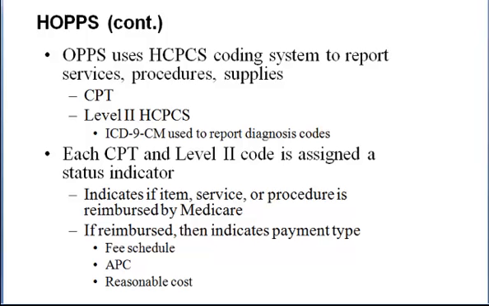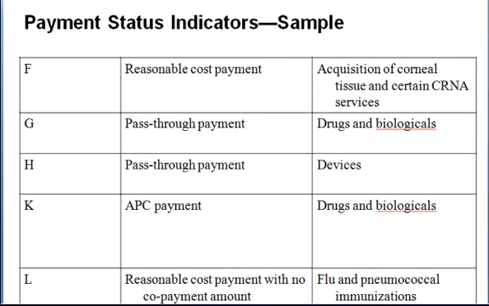What this indicator does is establish how that service, procedure, or item is paid. That is, is it a fee schedule, APC, reasonable cost, or is it unpaid? And this is a small sample of a few of the payment status indicators.